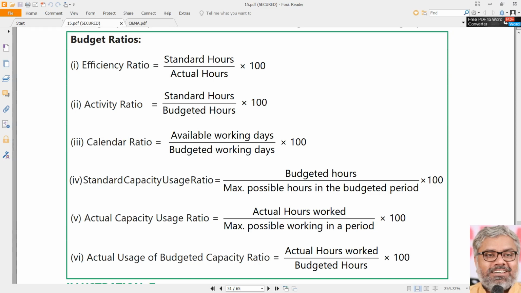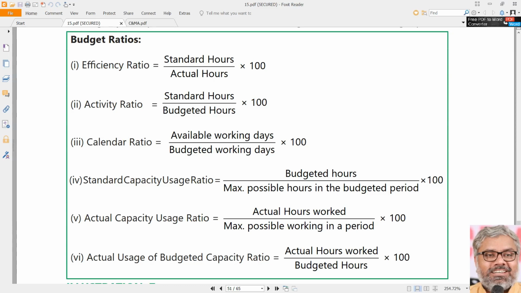Then the second ratio is the activity ratio. Activity ratio means what percentage of activity has happened when compared with the budgeted hours. So this is where we have to be very clear. Once again, referring to standard costing knowledge, budgeted hours are different, standard hours are different.